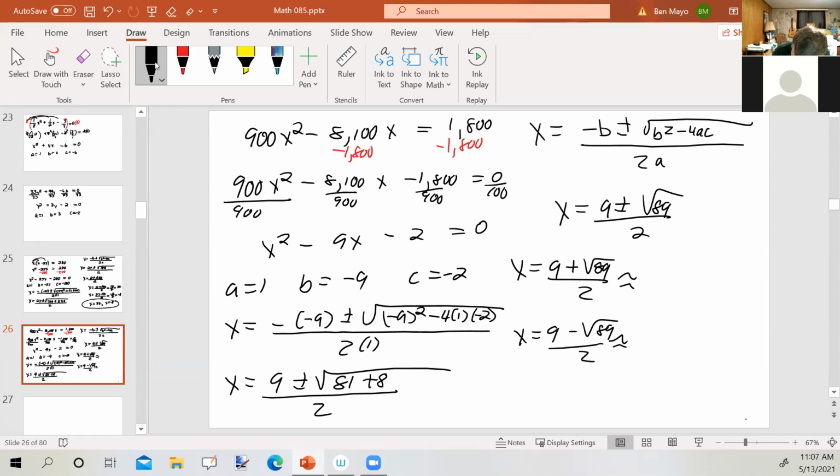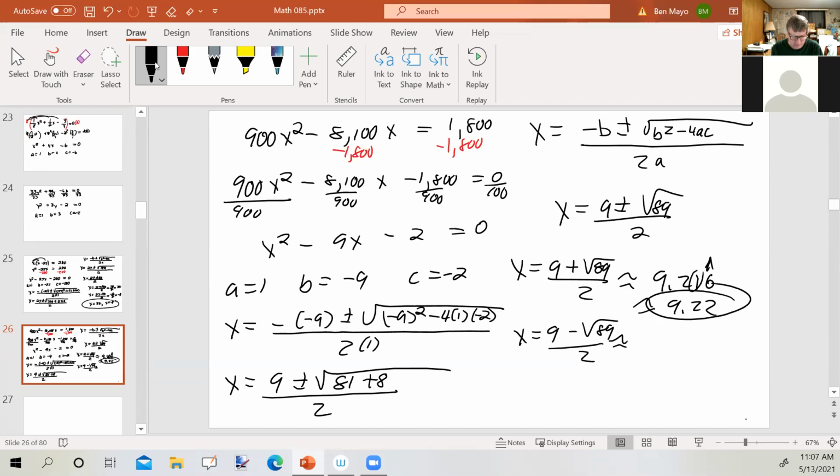And then going to the calculator. For the first one, parentheses 9 plus the square root of 89, close up the 89, close up the entire numerator, divided by 2, and I get 9.216. So the 6 would round up and we'd get 9.22.